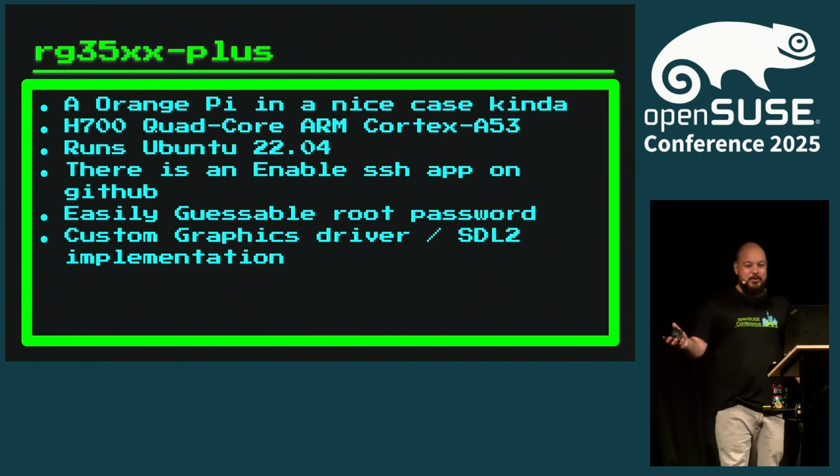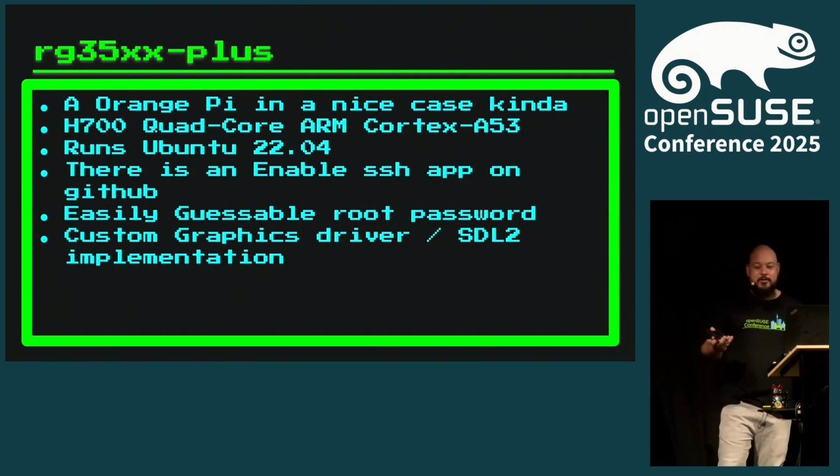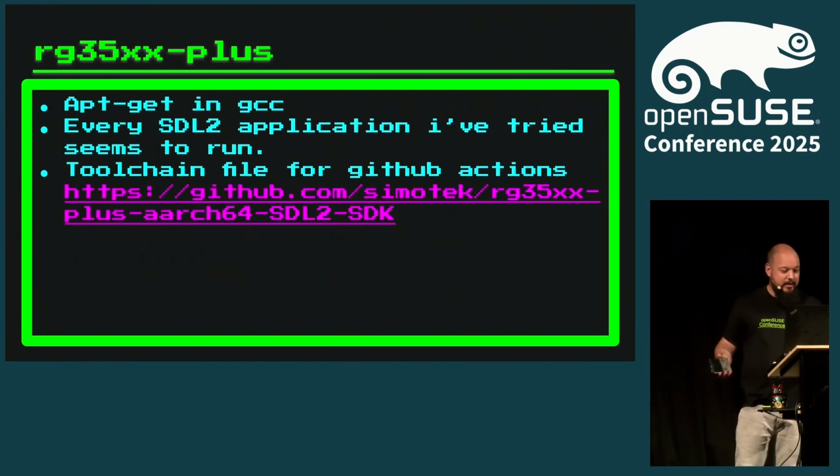They run Ubuntu with some hacked up SDL too. But so far from what I've found, any SDL2 application you can run on one of these. That's fun. I also ported DOSBox and Jazz Jackrabbit to this and can play that with a keyboard because I never got to the keyboard mappings. But yeah, I thought I'd give a shout to that at the end.